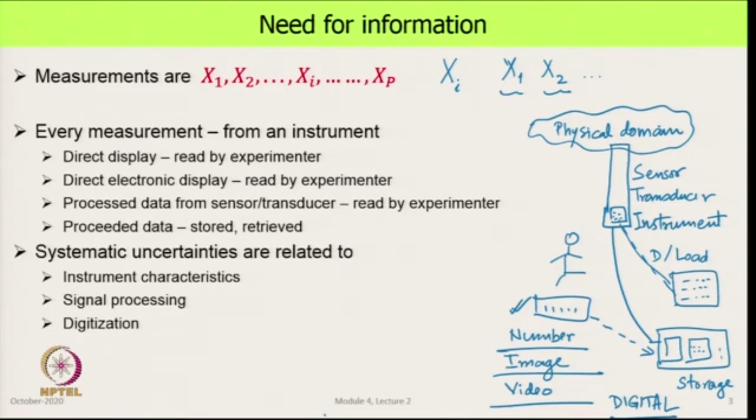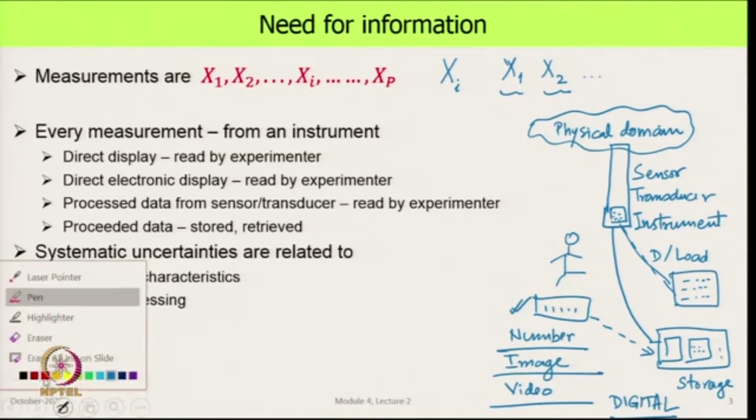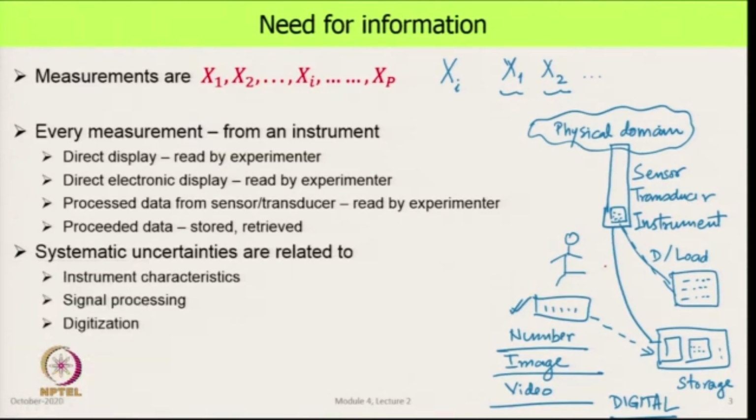So, this is how this data comes into being. So, we have either this route followed by this route, or here followed by here, or directly from there going over there. In the end, we have what we want, which is our data, which is in hard form here and in digital form over here.